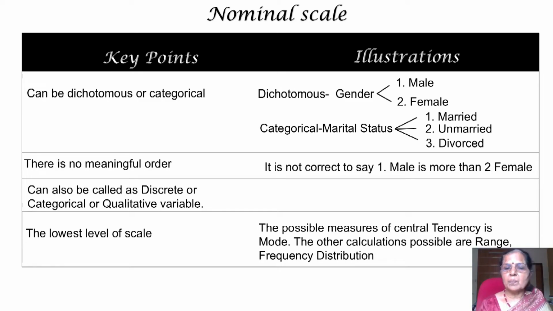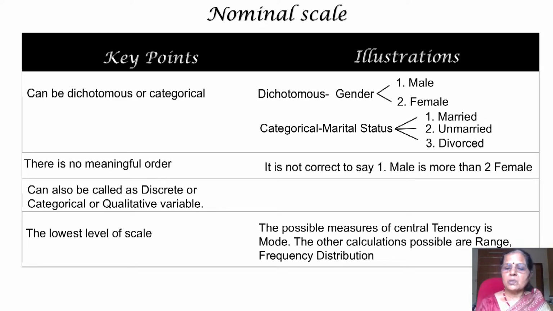Sometimes we can assign numbers to these values like 1 for male and 2 for female and vice versa also. But you cannot perform any mathematical operation with these numbers because there is no meaningful order in these numbers.